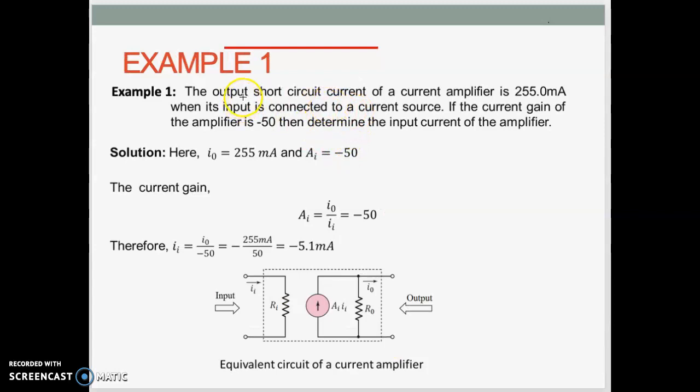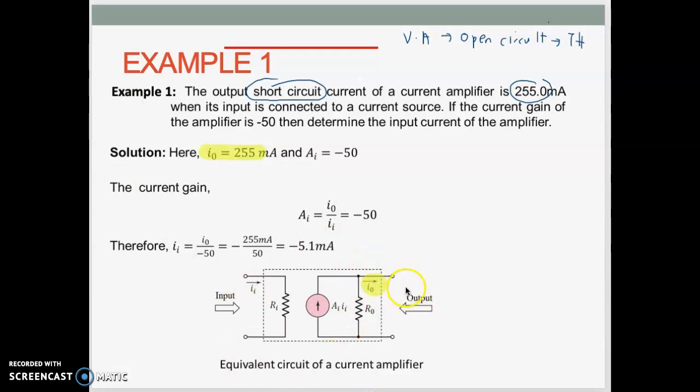It's saying here the output short circuit current. Recall your voltage amplifier: we always say open circuit voltage or open circuit voltage gain, because this is Thevenin. For Norton, we always call it short circuit. So the output short circuit current of the current amplifier is 255 mA. What does that mean? It is the output current here, the output short circuit current.